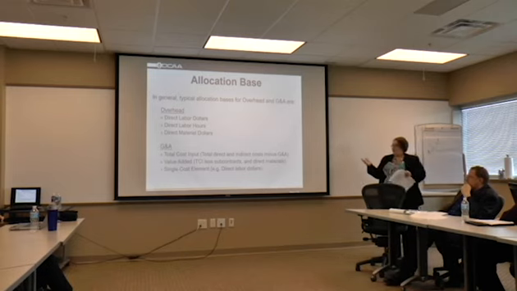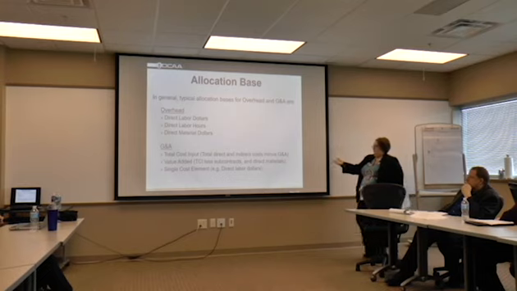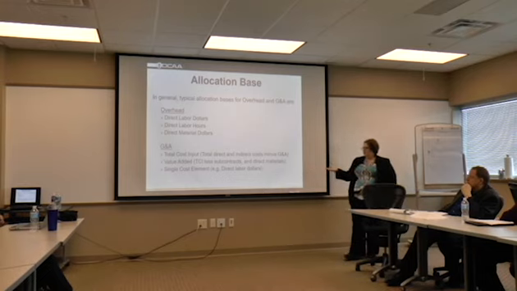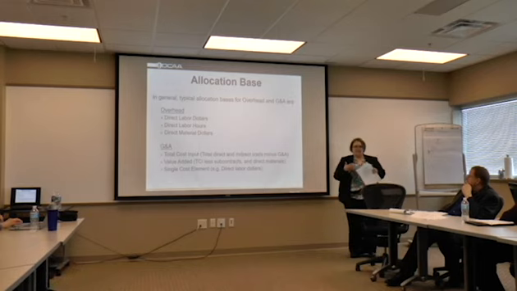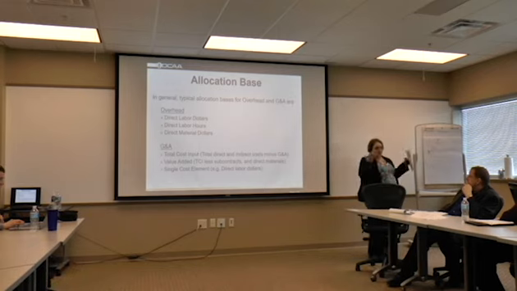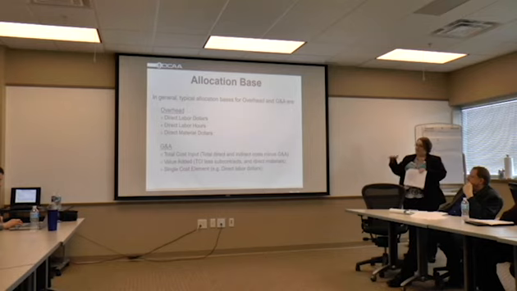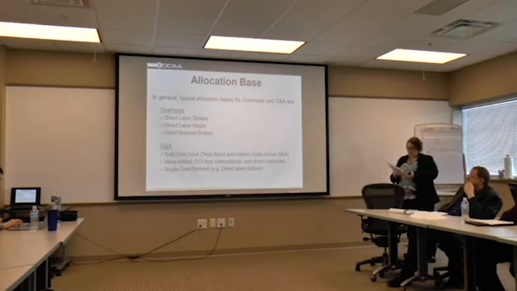So for instance, it wouldn't necessarily be appropriate to use direct labor dollars if you had a significant amount of overhead costs in an overhead pool, because those G&A dollars wouldn't be considering those overhead costs, that intermediate level in the allocation.